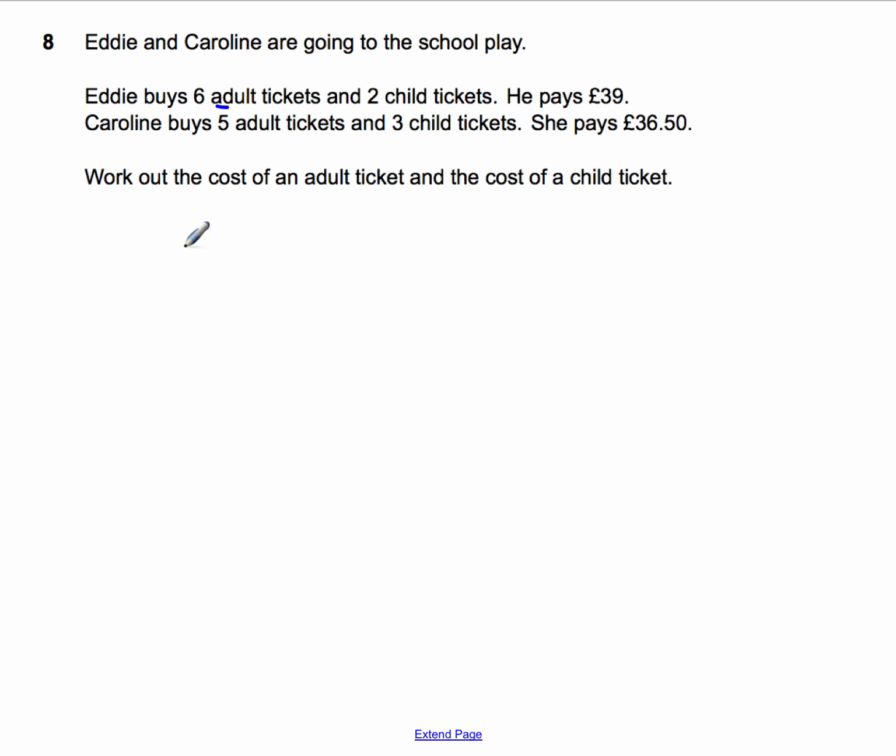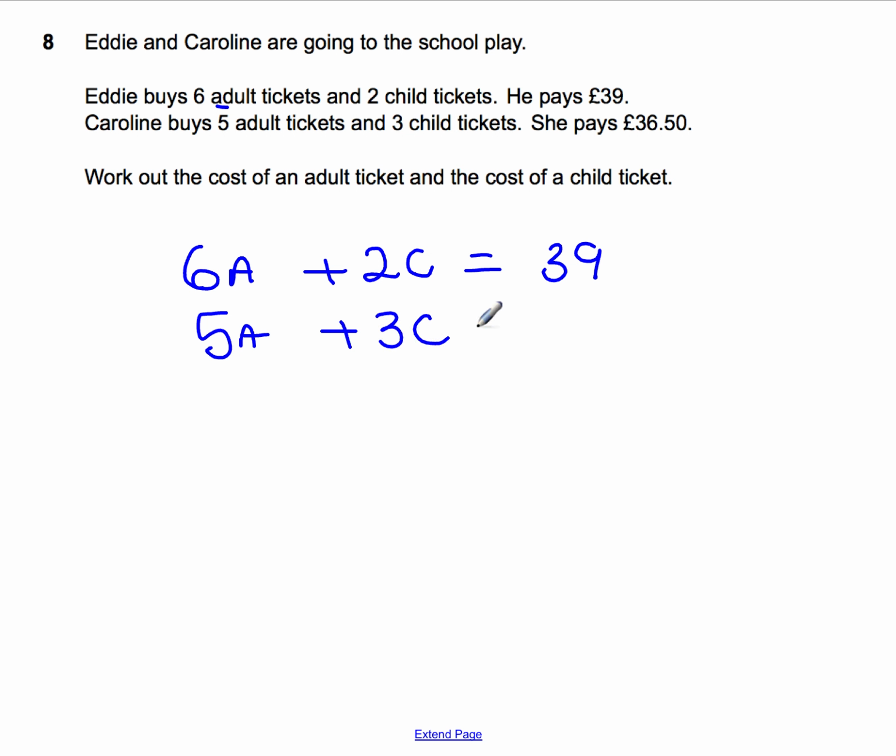So Eddie pays 6 adult tickets. So 6 lots of adult tickets we can describe as 6A, and 2 child tickets, and the total cost of that is £39. Caroline pays 5 adult tickets and 3 child tickets, and that costs her £36.50. Now, when you're doing simultaneous equations, you've got to scale up either the A's or the C's.